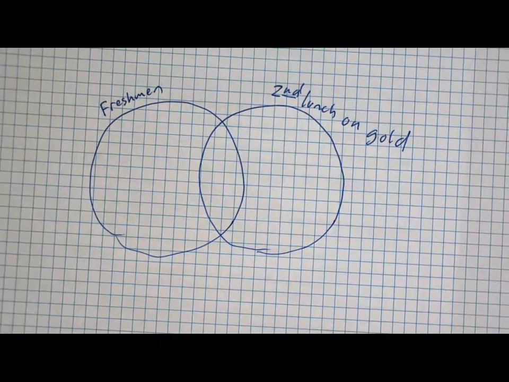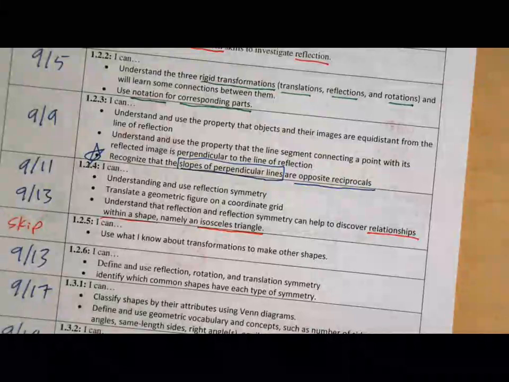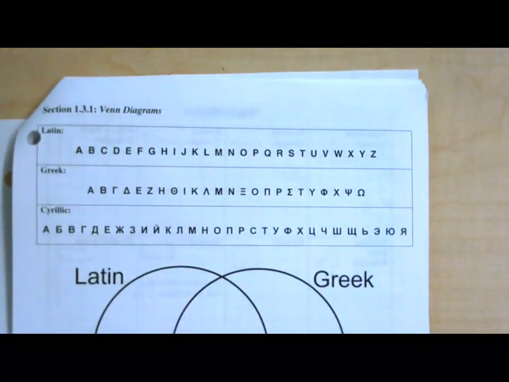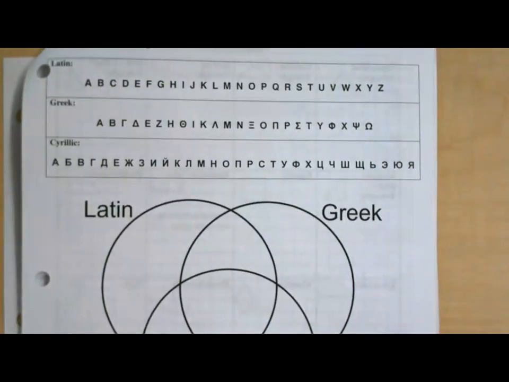All right, we're going to practice with one that I find interesting. Do you guys know where the word alphabet comes from? It comes from the Greek alphabet, and it's the first 2 letters of the Greek alphabet, which are alpha and beta. There are a lot more than 3 alphabets used around the world, but these are 3 that are used throughout much of the world.